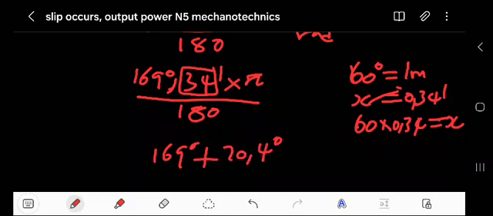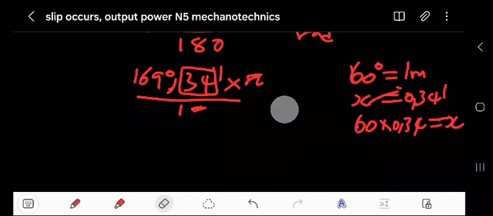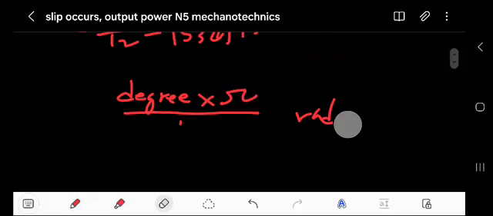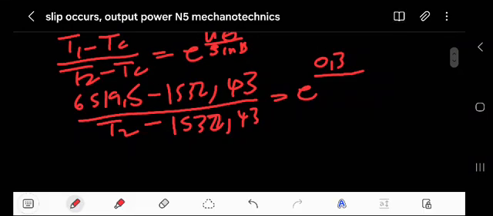Multiply by pi over 180. It's up to you. Use this, or as you have converted these degrees, you can simply divide this by 57.3 if you want. So guys, as you can see, this is how it goes. I don't want to have many decimals, so I'll just plug this directly.